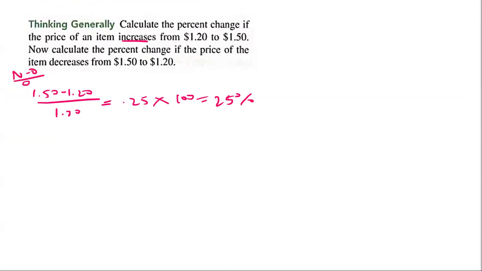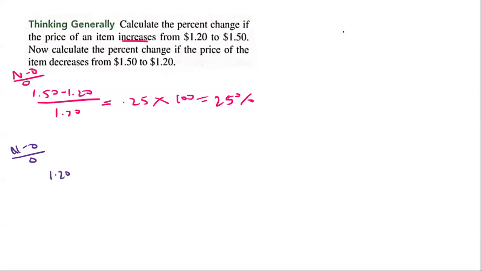All right, now if we were to do the other way, right? As I said, if we're going to decrease, then my output should be a negative number indicating that it has decreased. So I'm going to have new minus the old divided by the old. In this case, the new value is $1.20, and the old value will be $1.50.